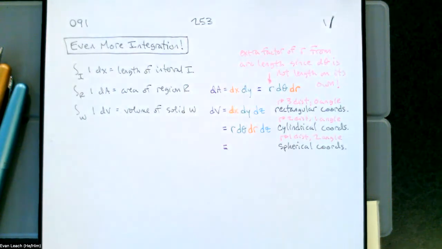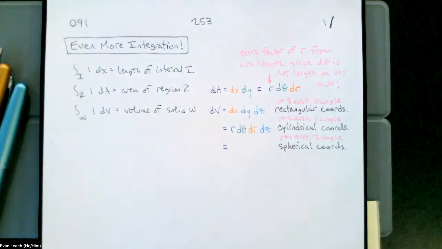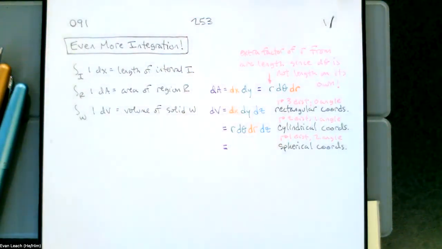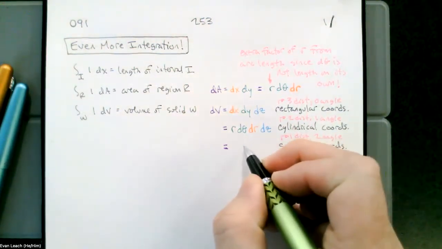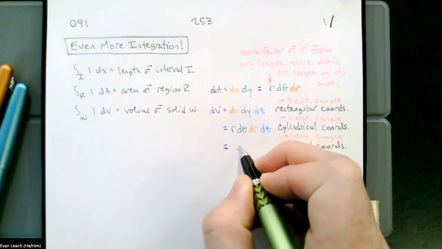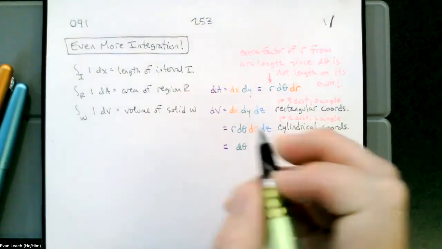We only get 1 distance, and we can't just pick r or z. We have to come up with a whole new distance. The only one that makes a comeback is d theta. There's no more r and no more z. So this right now is going to have to be a mystery. d theta makes a comeback.